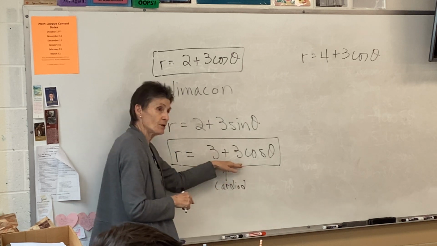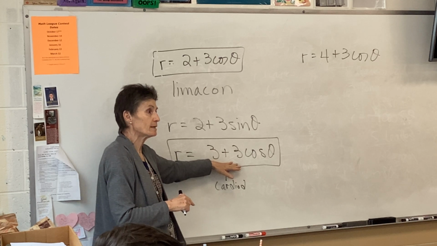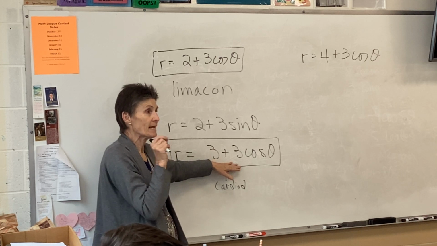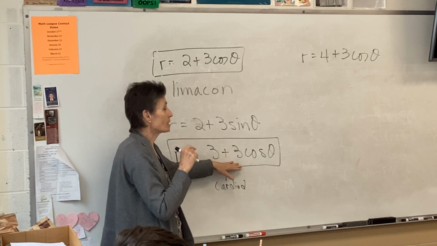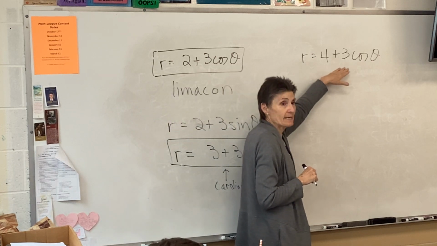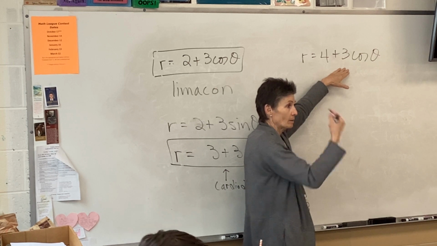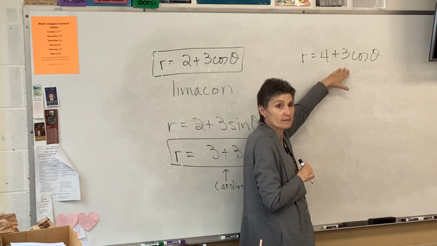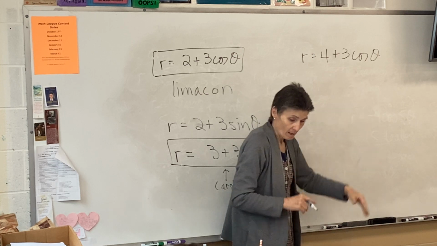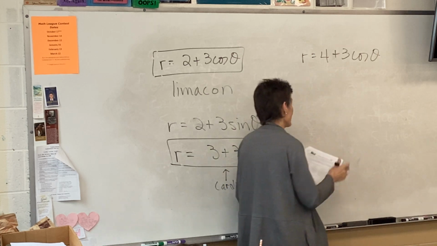Where's the cardioid that we did here, the second one we did? Where's his little indentation at? At the origin? Where's this guy's little indentation at? Over at -1? If we have another x coordinate. Right? All right, last one. 2 - 3 cosine.